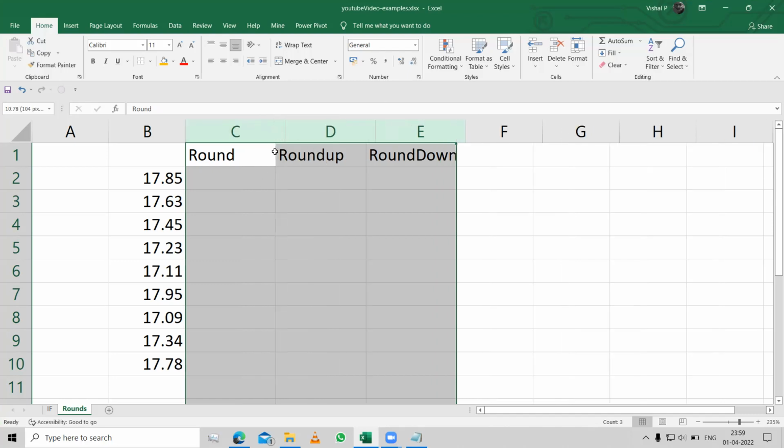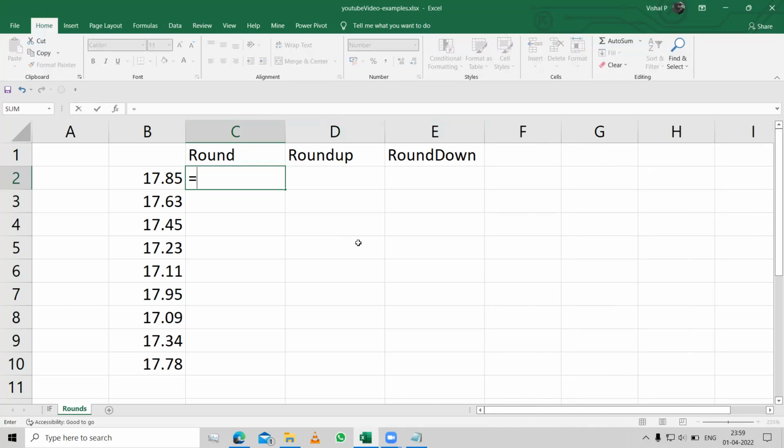I want to give the formula as ROUND. I'll say ROUND, start the bracket, number, which number you want to round. It's this one. Just for the sake of calculations, I'll keep B as constant, because the B column we are going to use over and over again, and hence I'm using the dollar sign right over there.